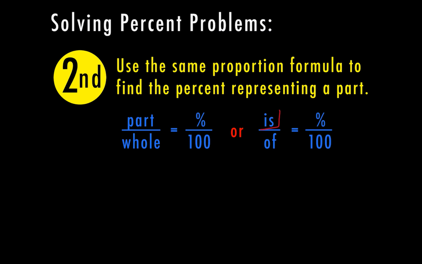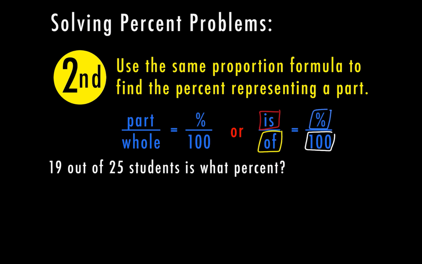My is is going to be red, my of is going to be yellow, my percent is going to be blue, and my 100 always stays the same. Now you don't have to use different colors. Sometimes it's easier to use different representations, like a circle for one, a square for another, and maybe underline twice for the third one. Whatever makes it easy for you. I just like to have a system where I can label them and I don't get confused.